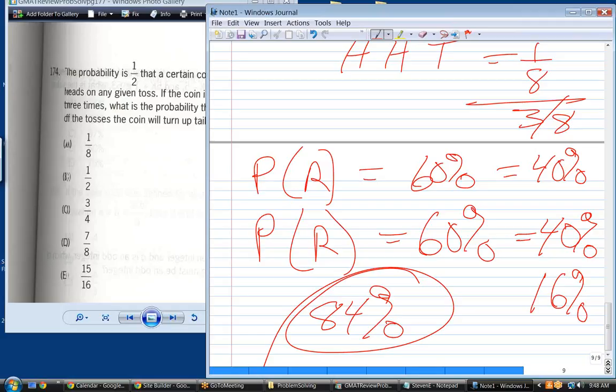So 40% times 40% is 16%. 1 minus 16 gives you 84%, which is the rest of the universe. In other words, 84% actually covers it raining on day 1 or raining on day 2 or raining on both days. That's 84%.